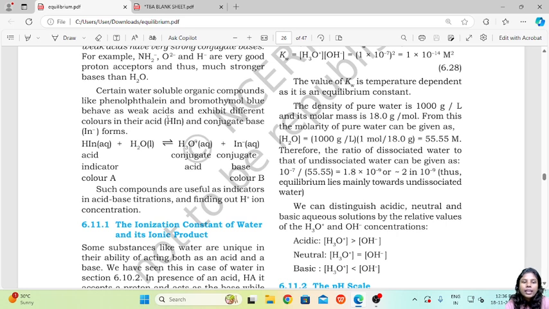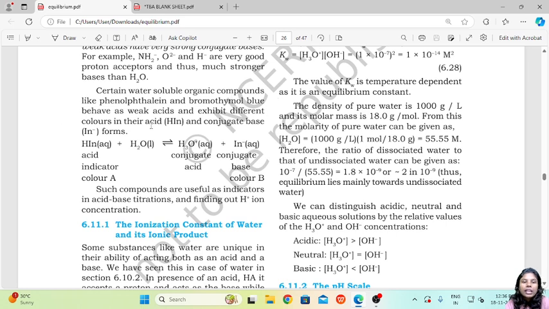Now, certain water-soluble organic compounds like phenolphthalein and bromothymol blue behave as weak acids and exhibit different colors in their acid form, that is HLn, and conjugate base form, Ln-. So here we are talking about two water-soluble organic compounds, phenolphthalein and bromothymol blue.